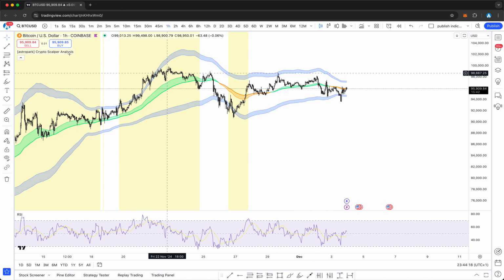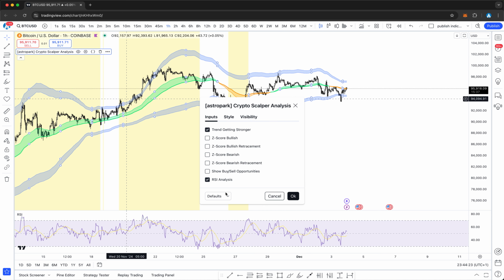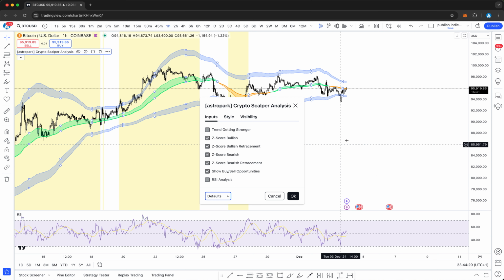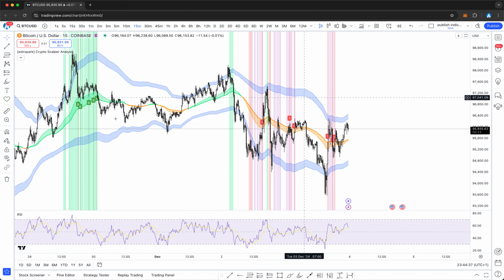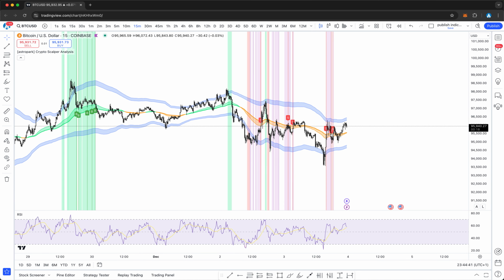But still you may find some value, some confluence that can be good for you. Again, as I said, I use this on 15 minutes and 1 hour.